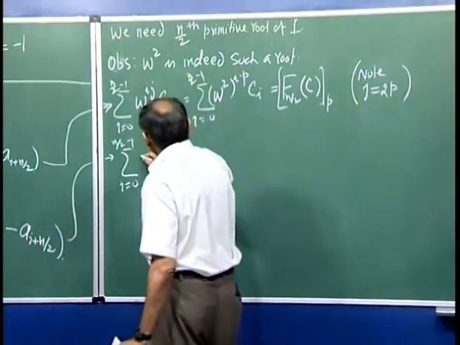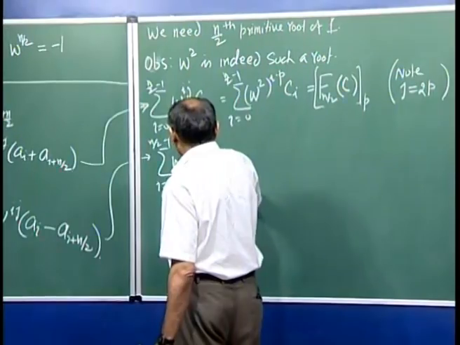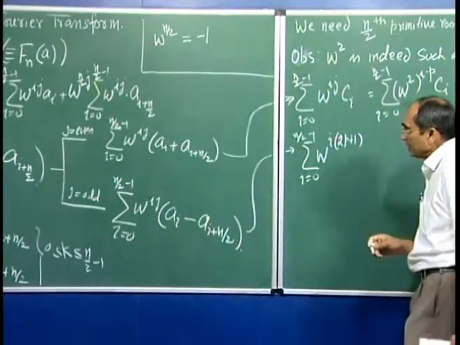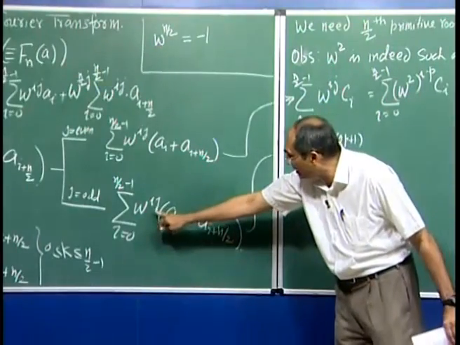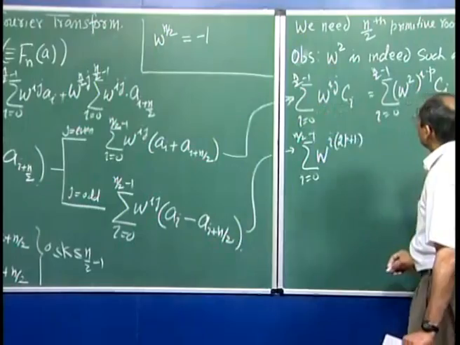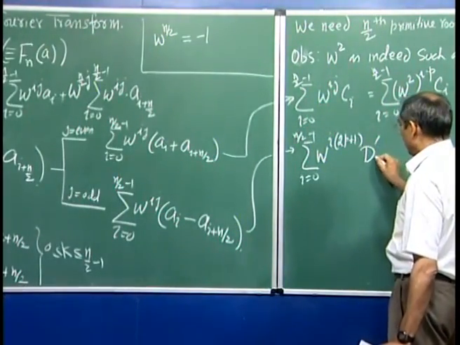So, you have here w power i times 2p plus 1. Now, in this case j is supposed to be odd, I am replacing this by 2p plus 1. This is d prime i.